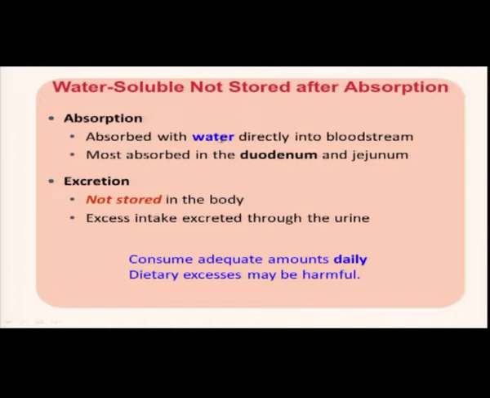So you see over there, water soluble vitamins relatively find their way into the bloodstream quickly because they are hydrophilic in nature, and most of them are absorbed in the duodenum and the jejunum, the small intestine. And since they are not stored, they are readily excreted in the urine. So you could do this test.